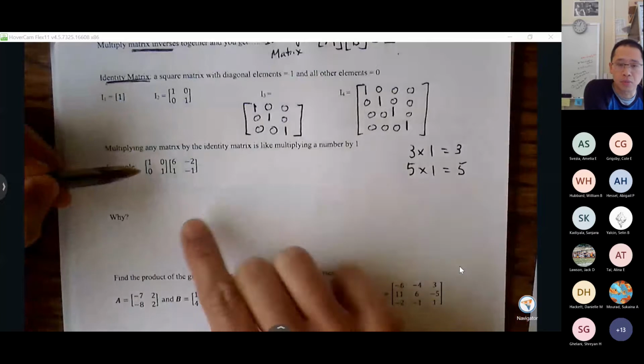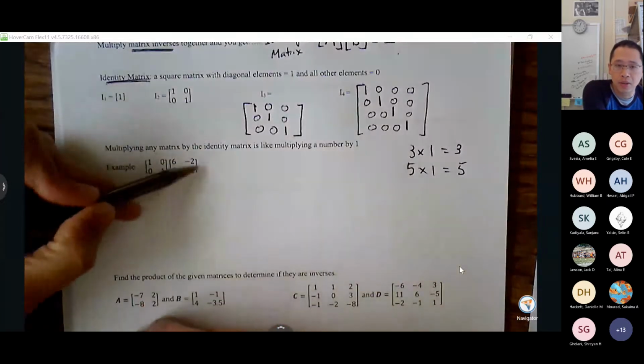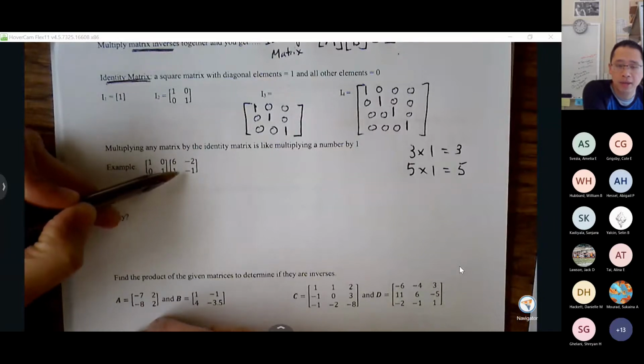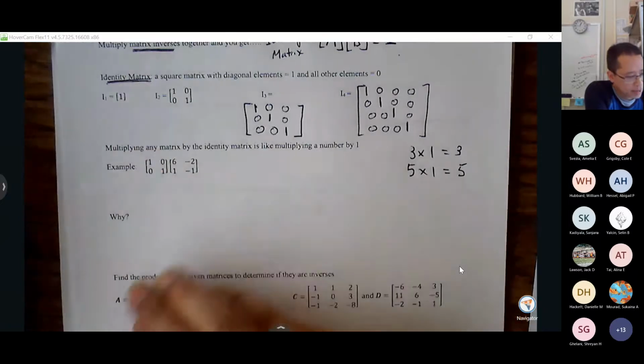Okay, so let's test this out. This should leave this second matrix unchanged if I multiply a matrix by, quote unquote, 1. Okay, let's test it out.